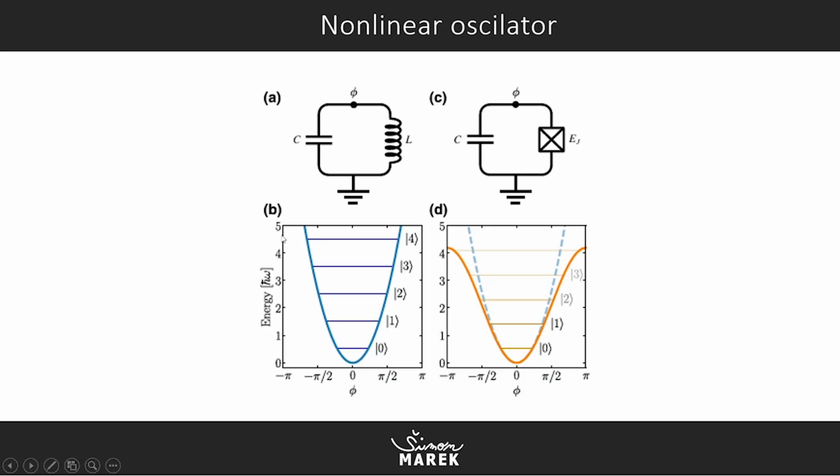If we take a look here, for our nonlinear oscillator, we have a cosine function, which basically tells us that we can reach the next state very easily. So this is the major difference.